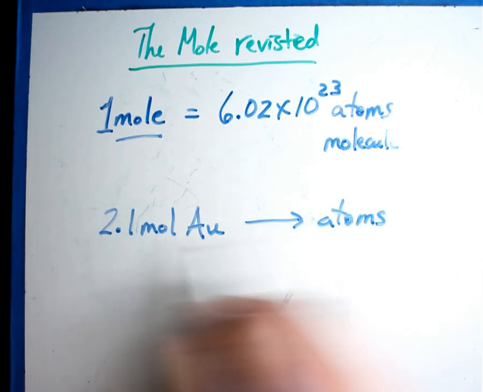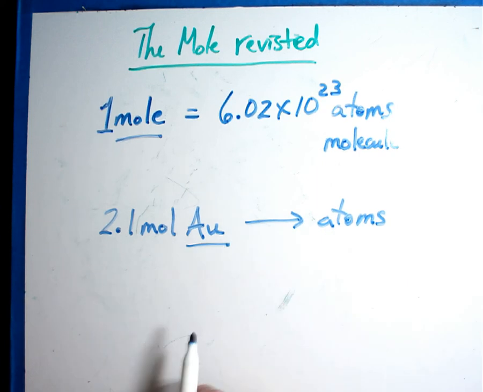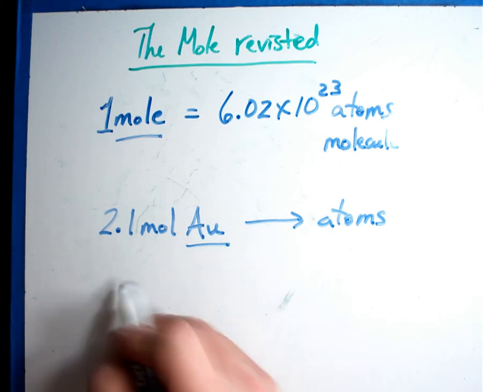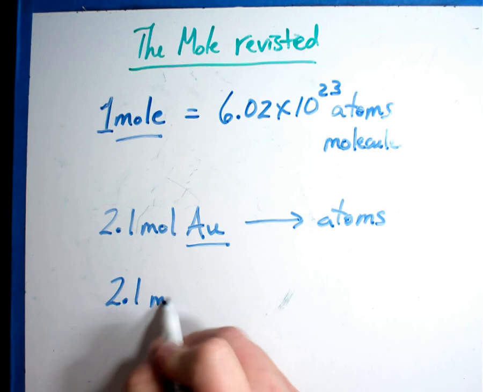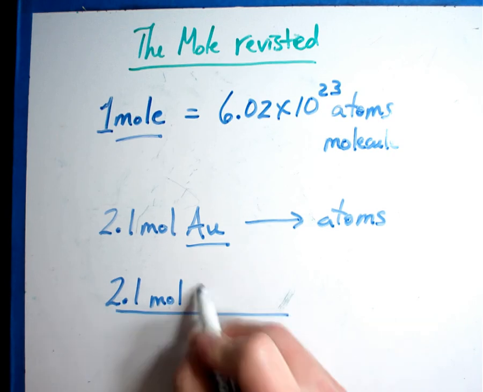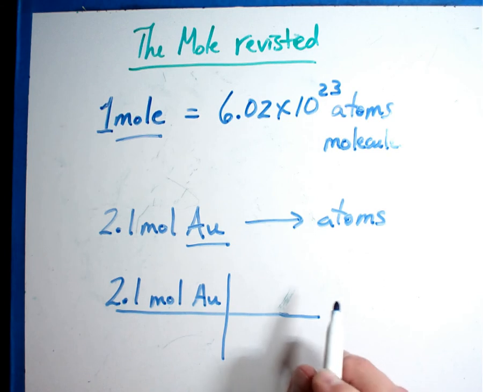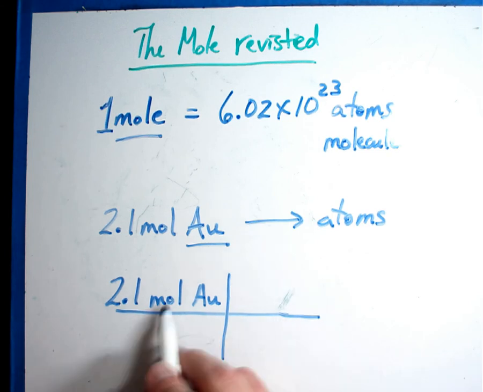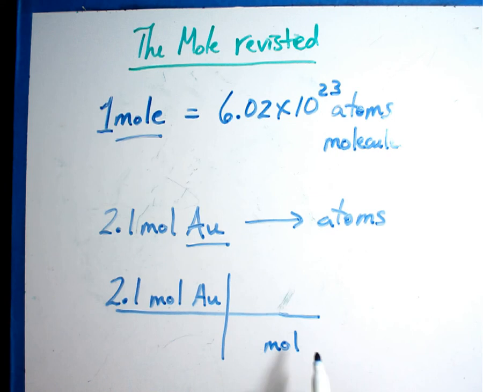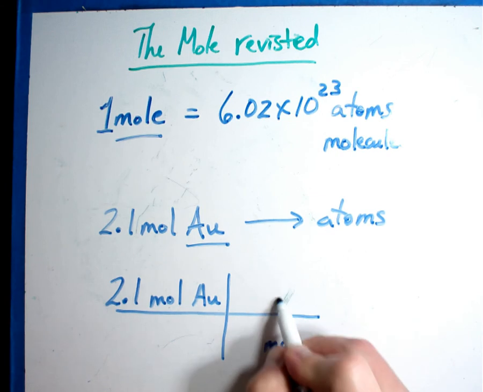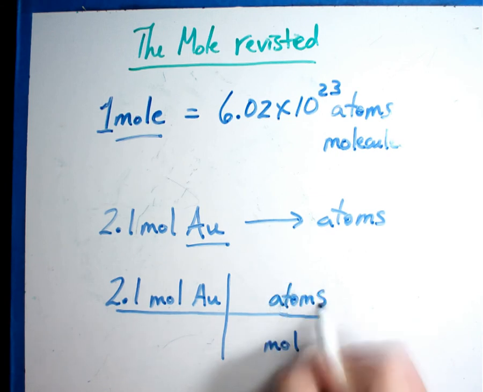Now, the reason I use the word atom is that gold is a single. And so what I'm going to do is set up a railroad track using this value. Reminder, because it's been a while since we've done railroad tracks, we want this word to cancel, so we want the word mole to be there, and we want to convert it into atoms here.